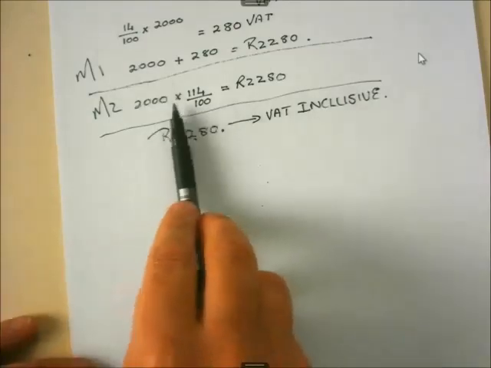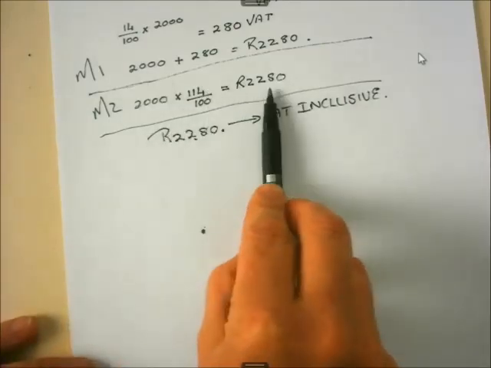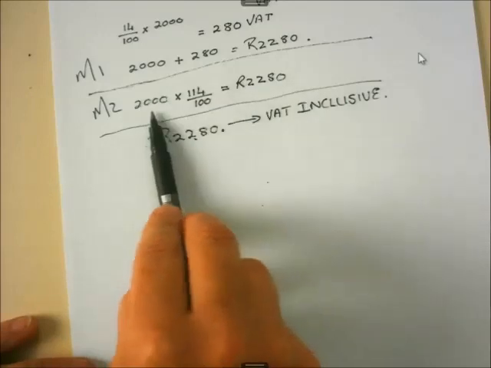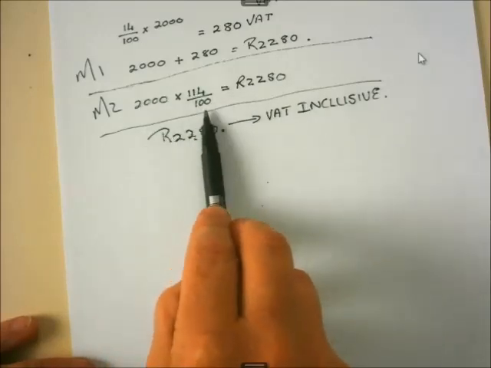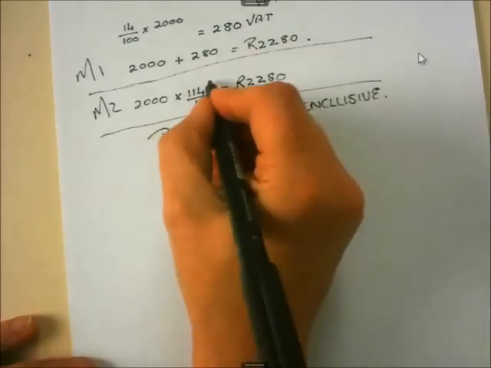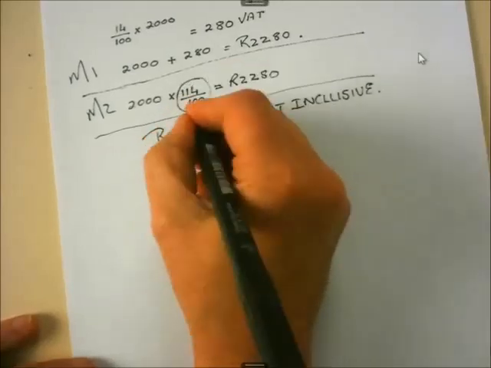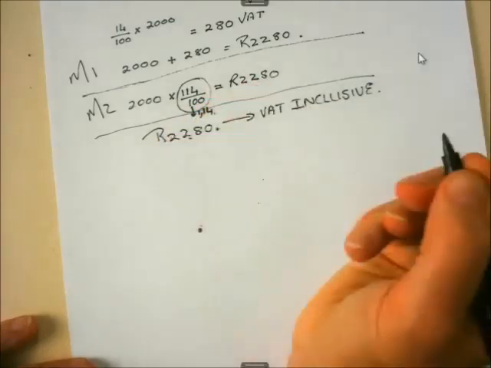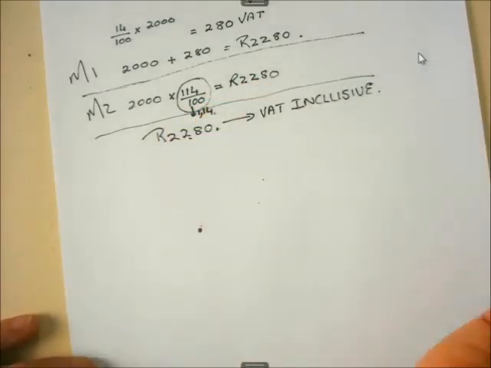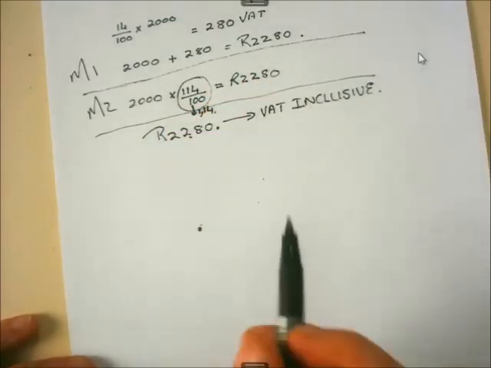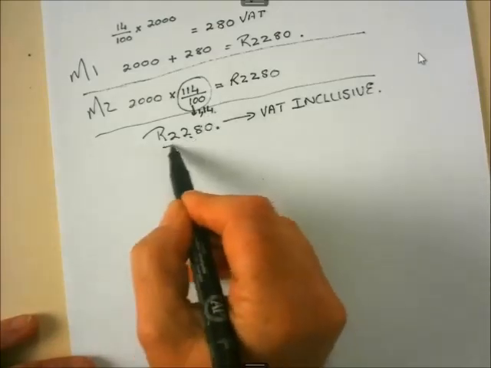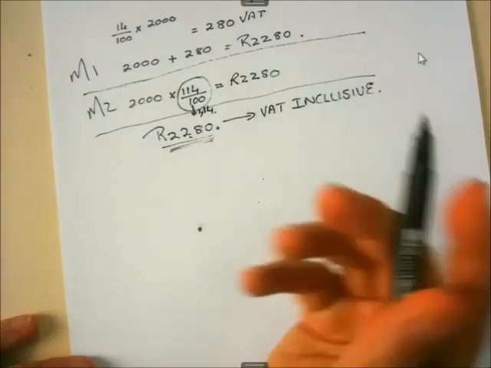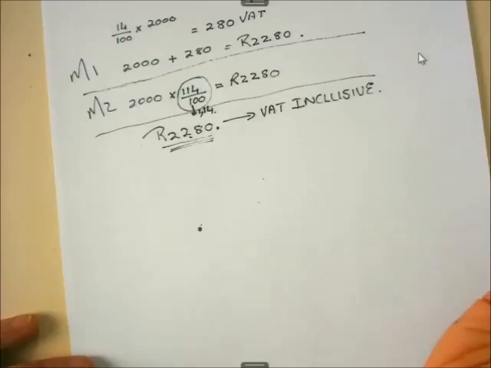Can you remember what did we do to get the 2,280? We multiplied with 114 over 100. Now, instead of saying 114 over 100, you can also say 1,14. Check me. Okay? So, if I want to go and find out what part is the part of this item without VAT, you must do what we call the reverse calculation.